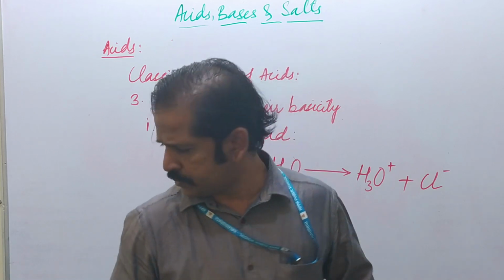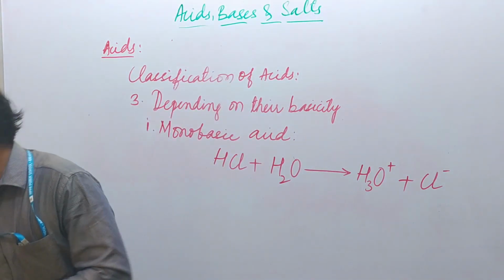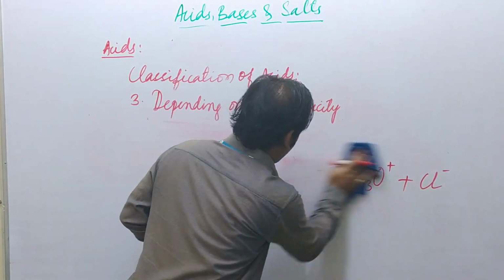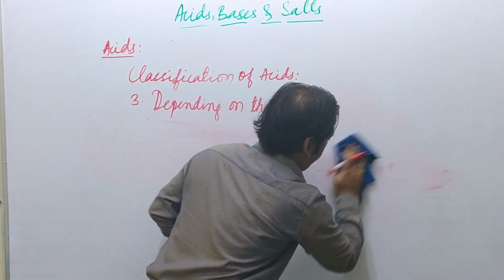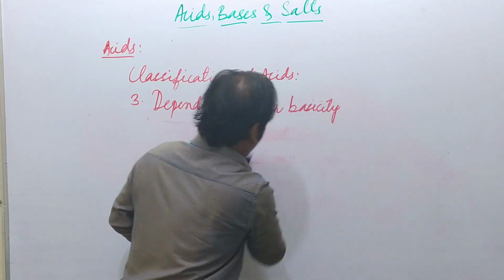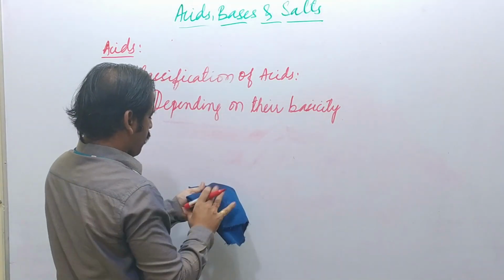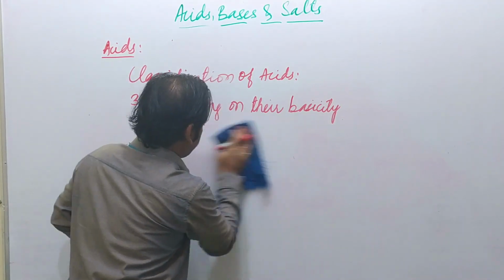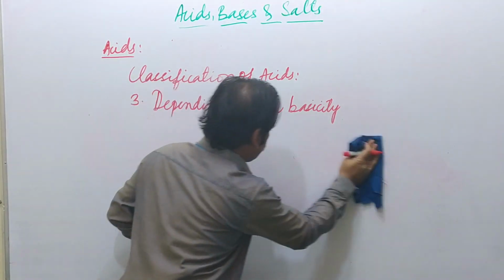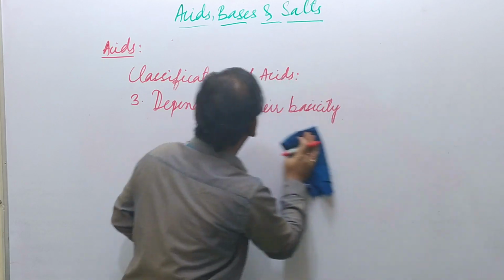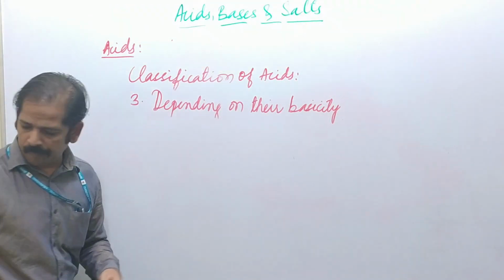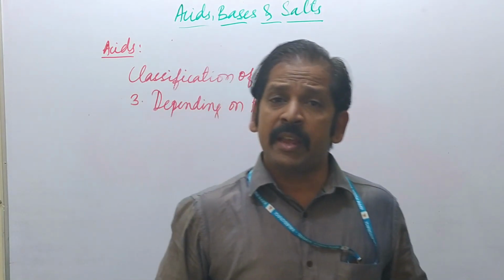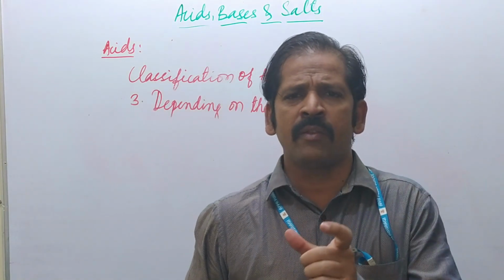For example, the second one is dibasic acid. It is a single word, dibasic acid.